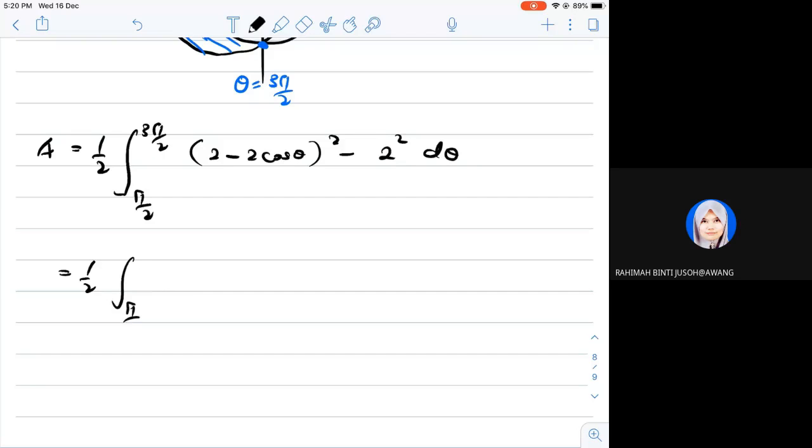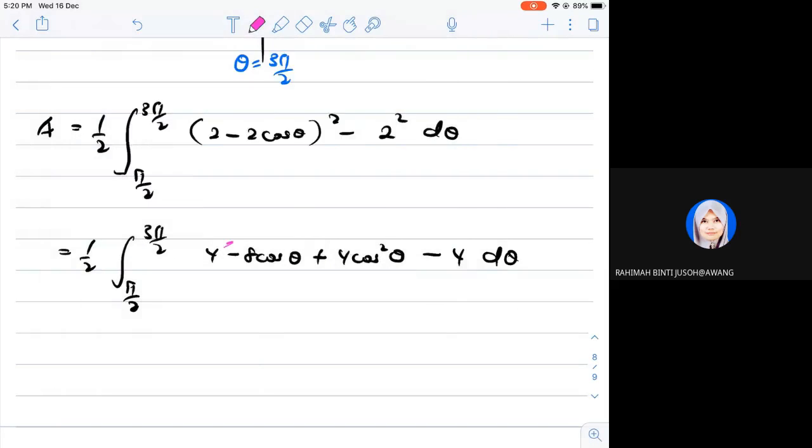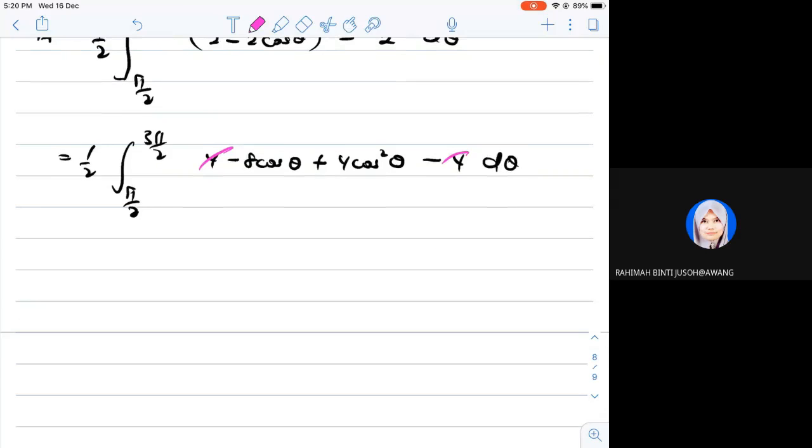Yes, good. So 3 pi over 2. Let us proceed. 4 minus 8 cos theta plus 4 cos squared theta minus 4 d theta. So now again, we can cancel this. And then this one becomes 1 over 2, 1 plus cos 2 theta. So we will get 1 over 2, pi over 2 until 3 pi over 2.